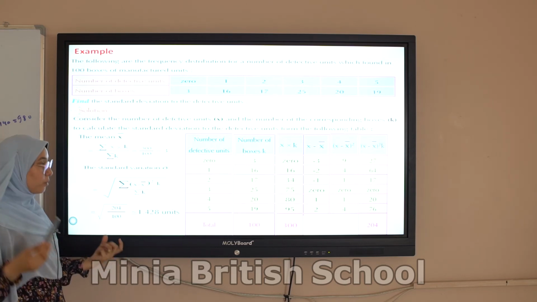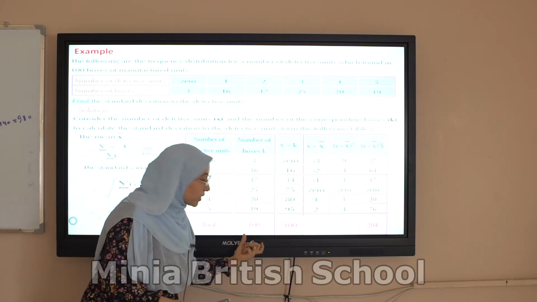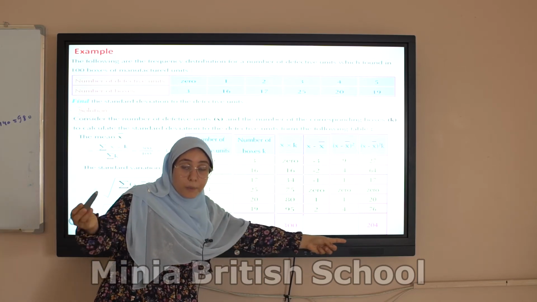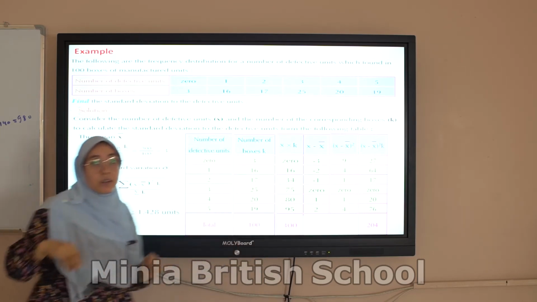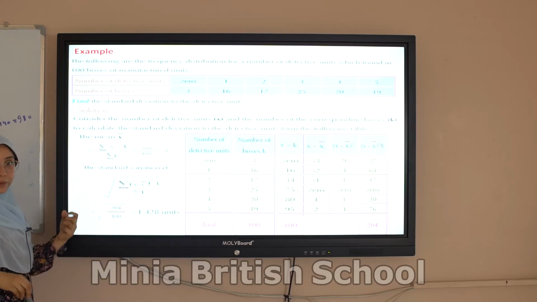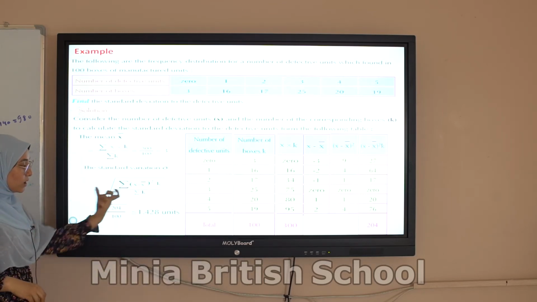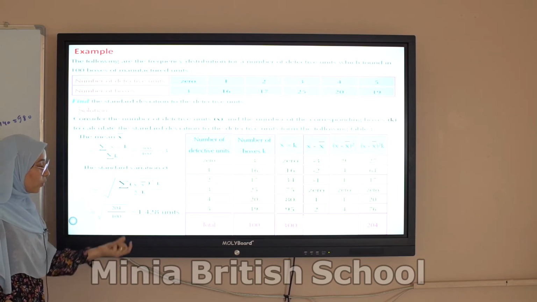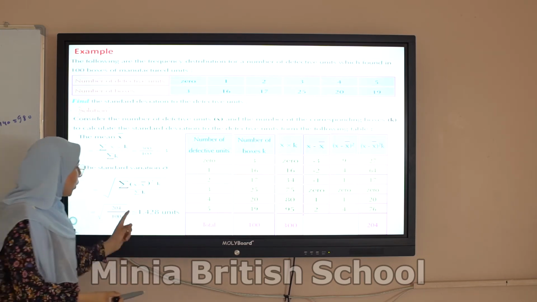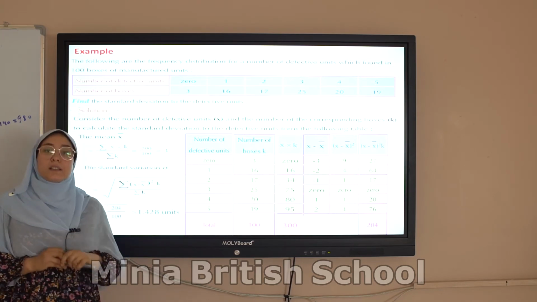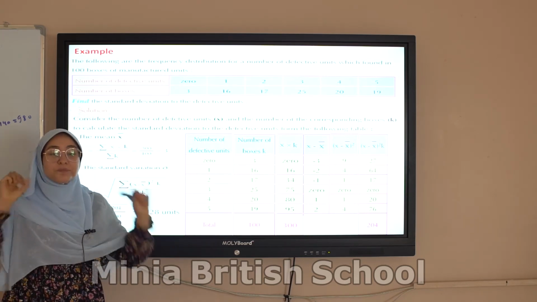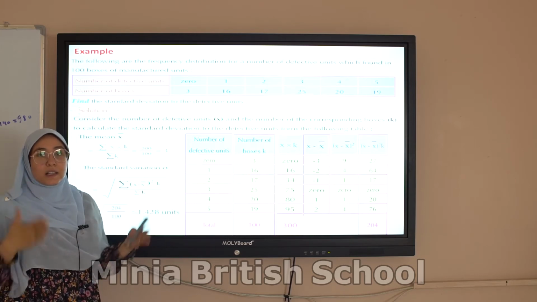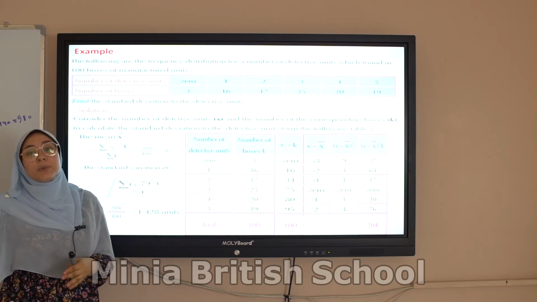I will substitute the values of the summation of the frequency and the summation of x minus x bar power 2 times k in this rule. We get sigma equals root 204 divided by 100, which is approximately 1.428 units.